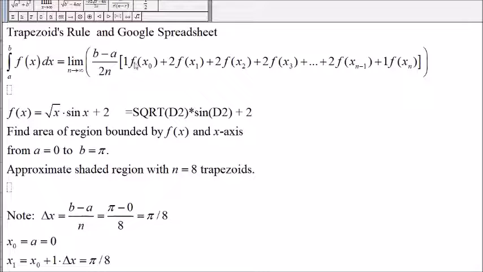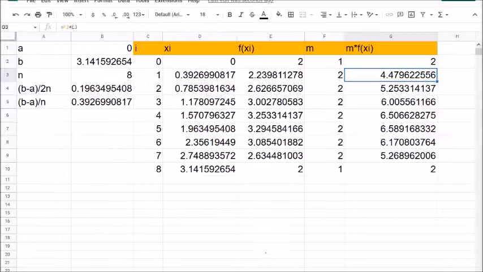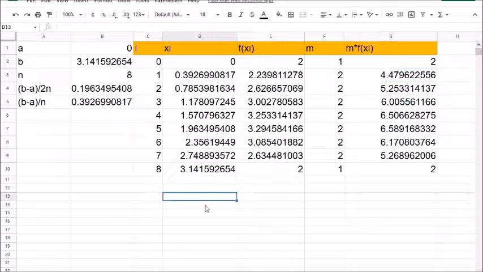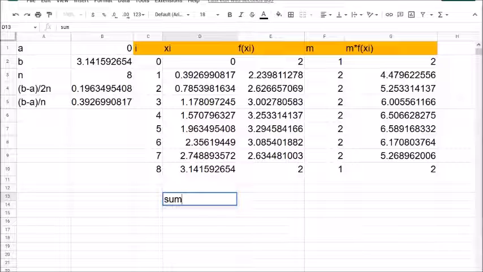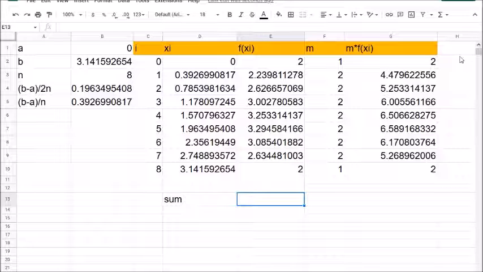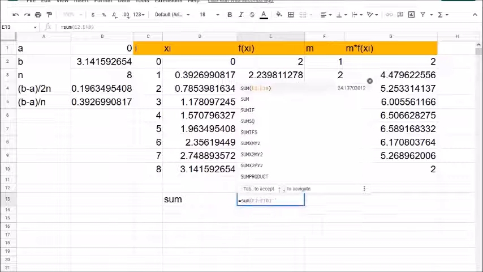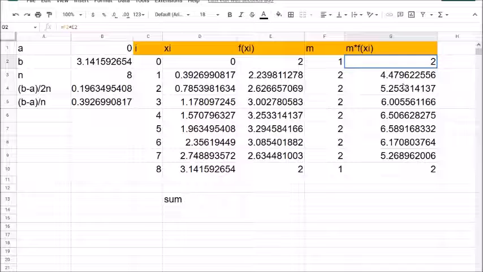So we have just figured this out. And now we need to add them together. So just go somewhere down here, anywhere. This is the sum of the last column right here. So we do equal sum, and we want the sum of this column.